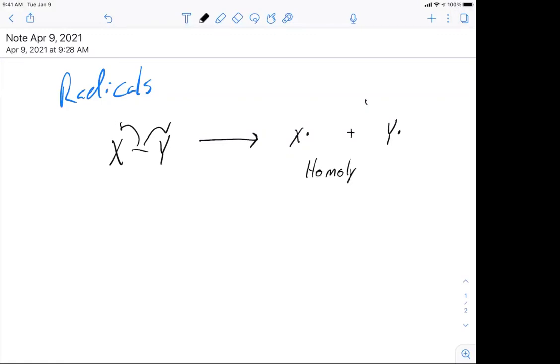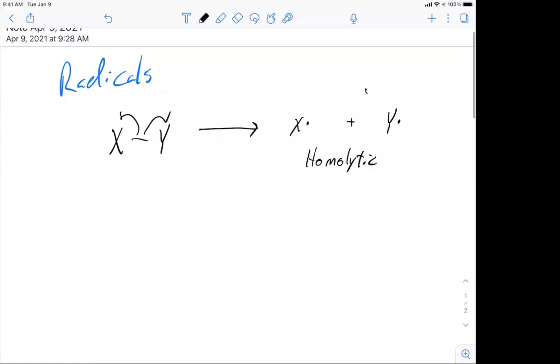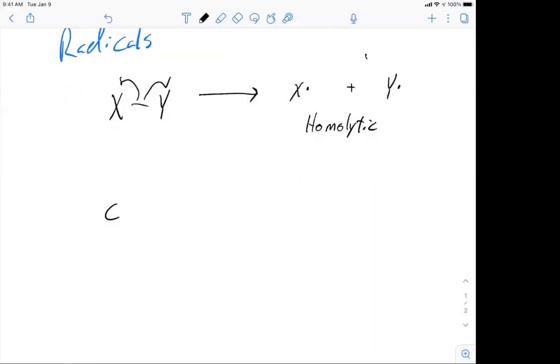If we think about what's happening with a carbon radical, what we need to think about is, what are we doing as far as its geometry? And this is an sp2 carbon, right? With the radical here, right? The p orbital only has one electron in it.